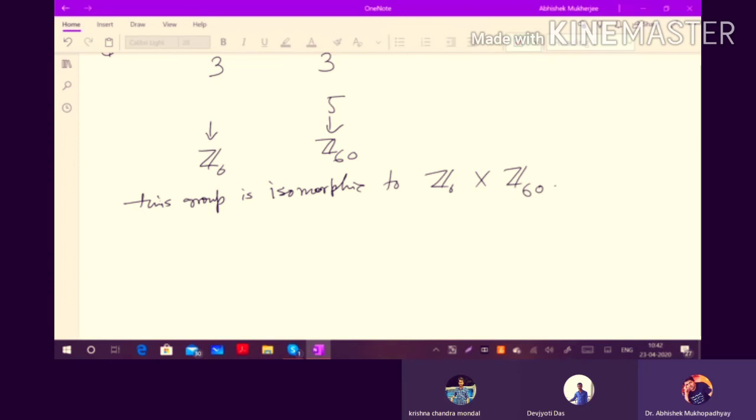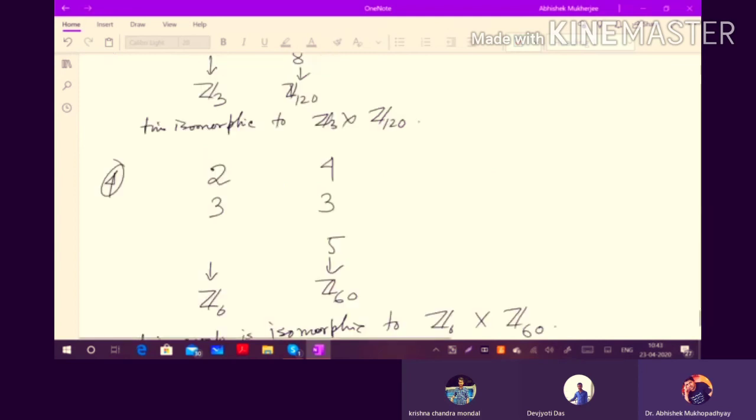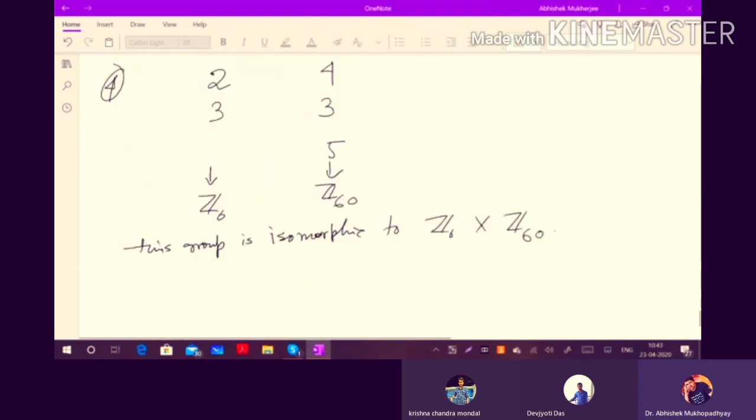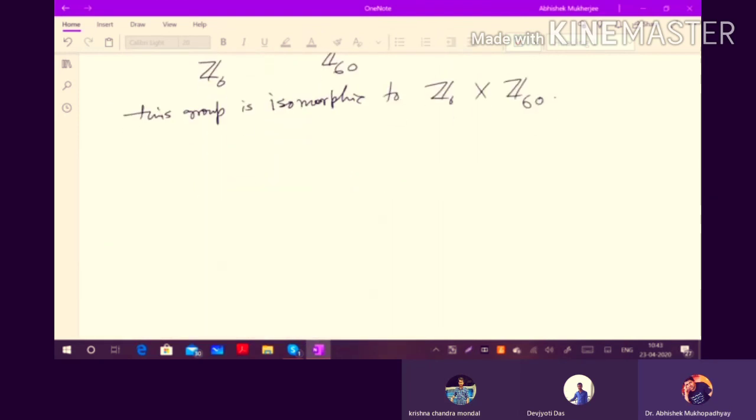I just finish up by stating the result which we have obtained for finitely generated abelian groups in a general way, in view of corollary 3.